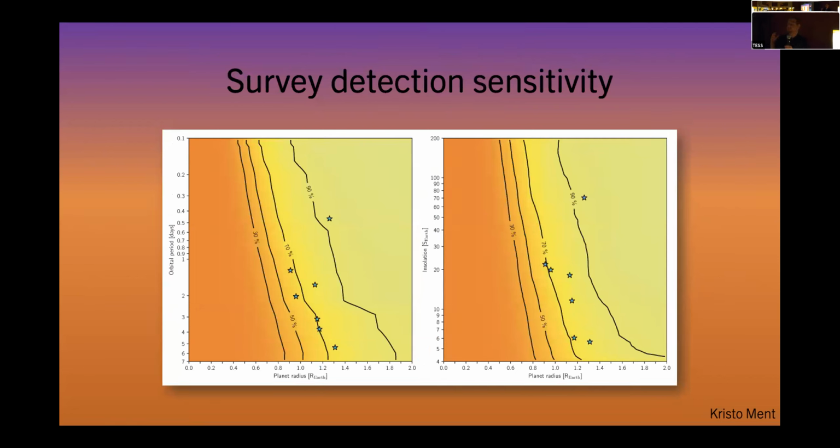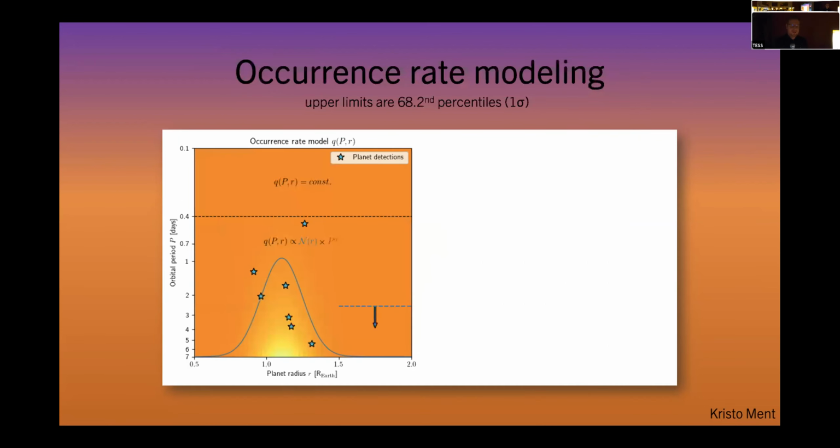So compiling the entire 365 stars, I can characterize the survey's detection sensitivity as a function of planet radius and orbital period, but also as a function of insolation, or the total amount of energy the planet receives from the star. Based on this, I modeled the underlying occurrence rate of planets.